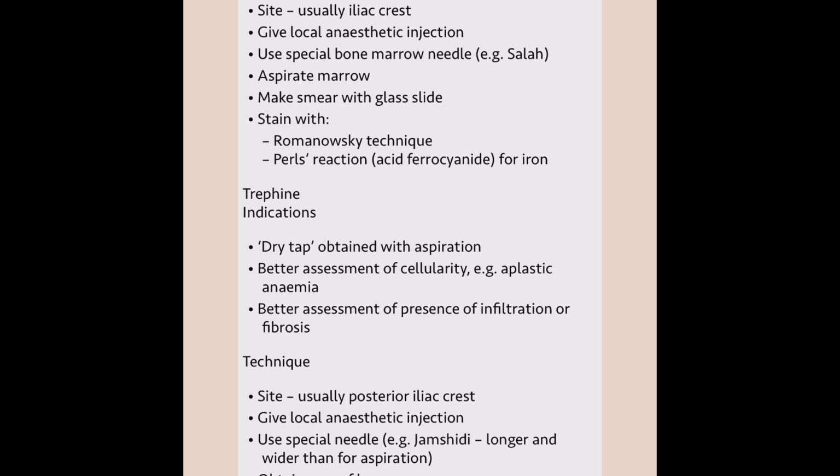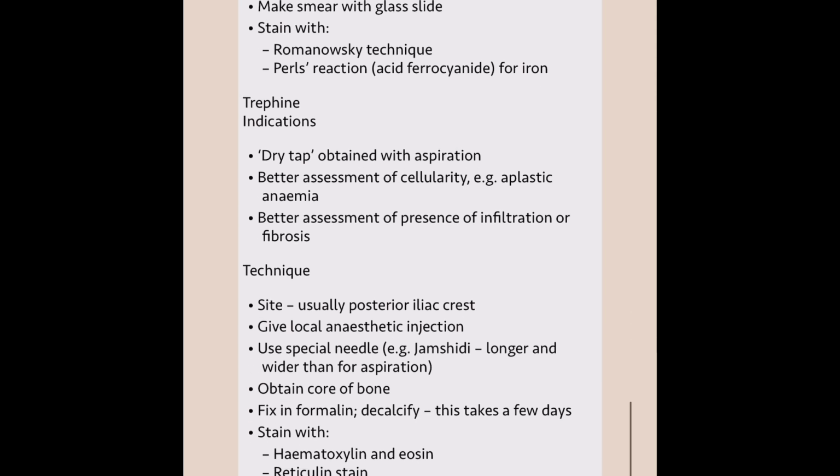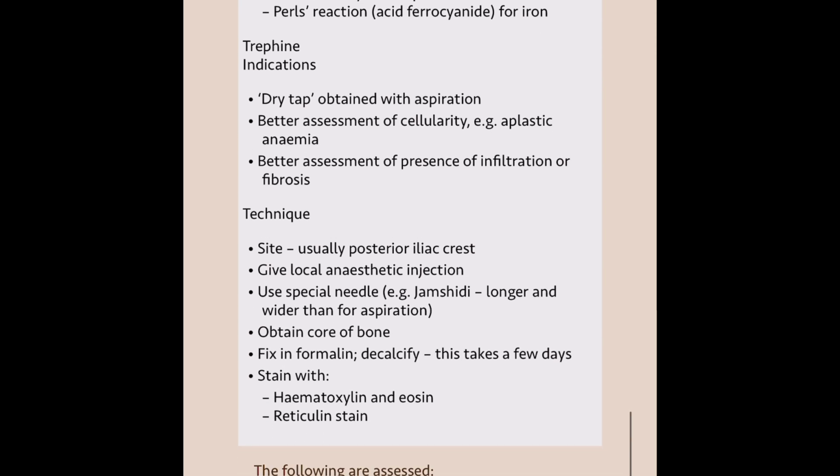It doesn't matter if it's anterior or posterior, but for the trephine it is usually the posterior iliac crest. Give local anesthetic injection. Use a special needle, the Jamshidi, longer and wider than for aspiration. Obtain a core of bone. Fix in formalin.